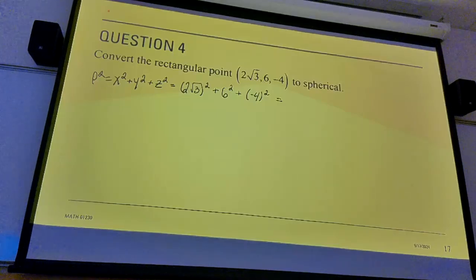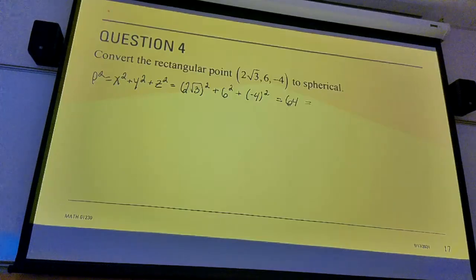So what is rho squared? Oh, 64, sorry. So what is rho? 8. Rho is 8.